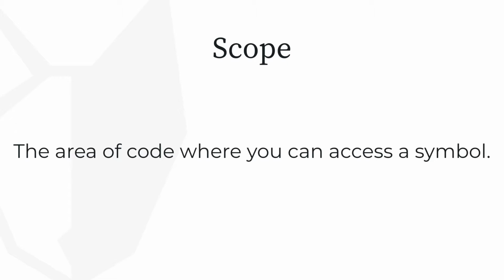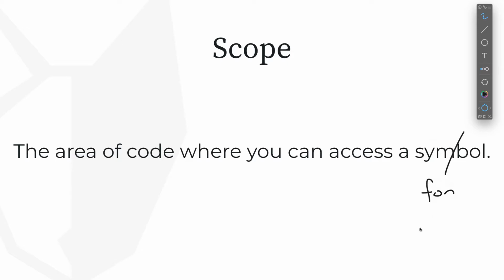Symbol here may be kind of a computer sciencey word, but a symbol can be anything in this case. It could be a function, it could be a variable. The key point here is that scope is that area of the code where you can use that symbol, where you can use that variable, or that function.